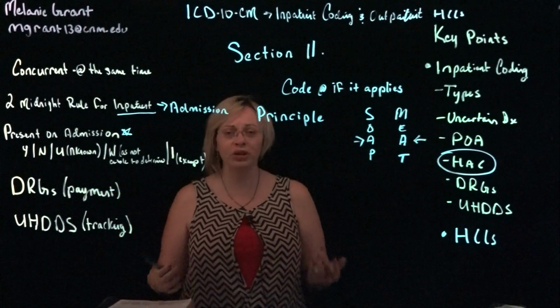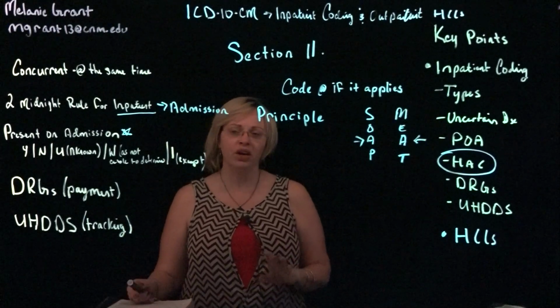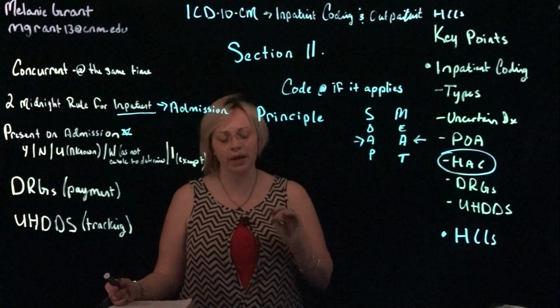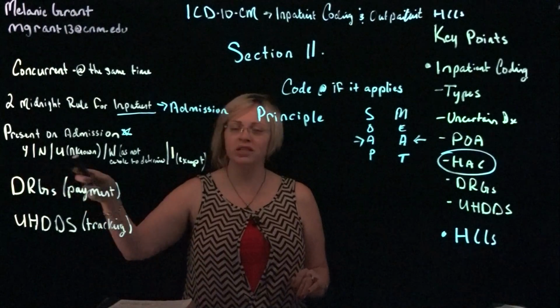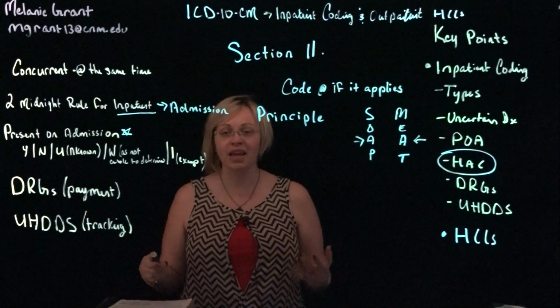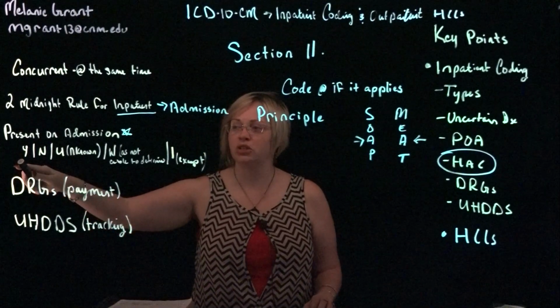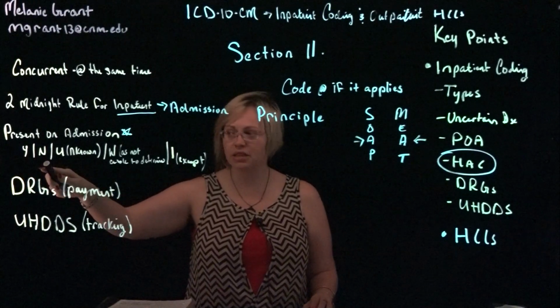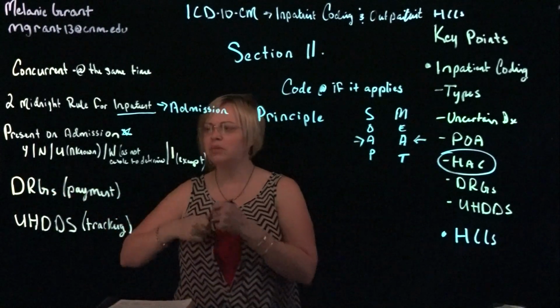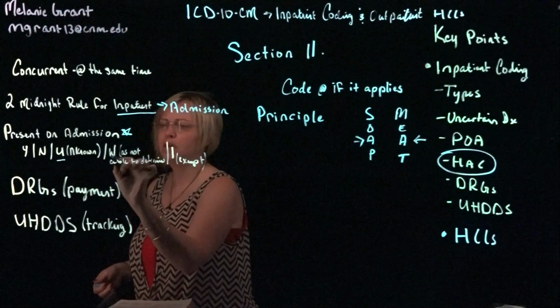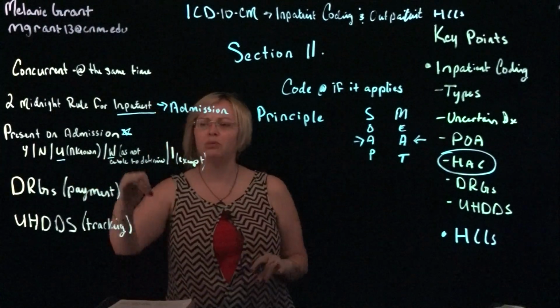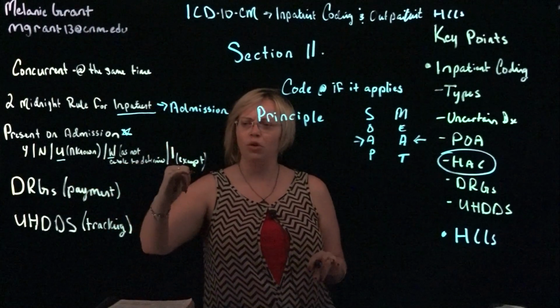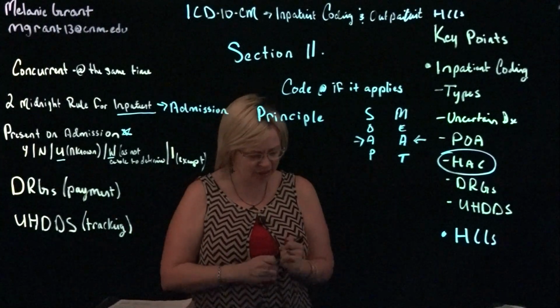So, when you're listing a diagnosis code, there's an indicator called a POA indicator where you'll list a one-digit letter or number to say, yes, it was present on admission, no, it was not, U, meaning it was unknown, W, meaning it was not able to be determined, or 1, meaning that it was clinically exempt.